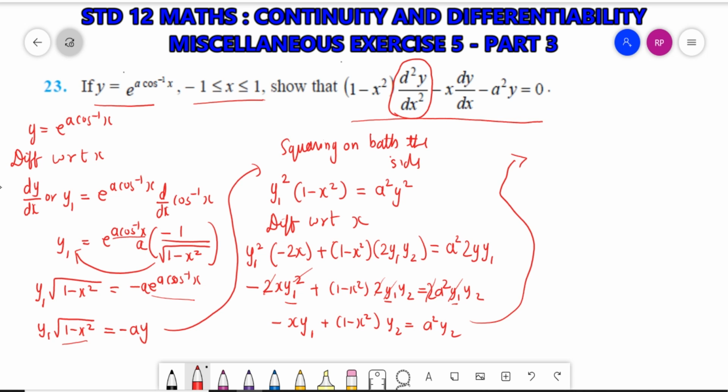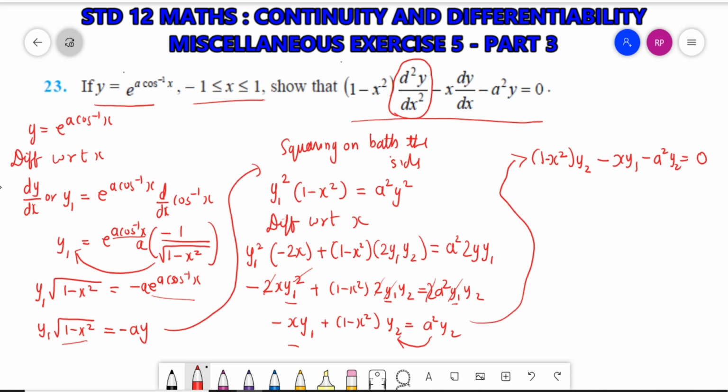Now rearranging this, I will get 1 minus x square y2, minus x y1, I am writing the second term at the second place, and a square y I am taking on this side, minus a square y is equal to 0.